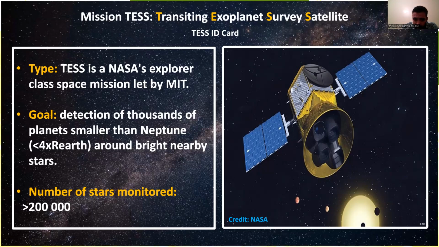To reach this goal, the target list of TESS contains more than 200,000 stars in the solar neighborhood.